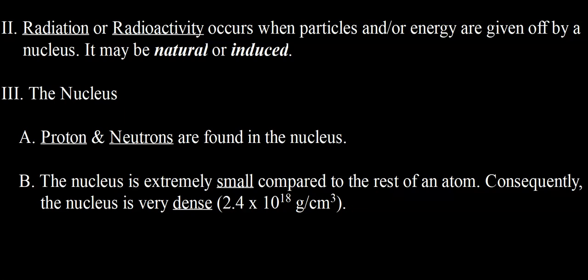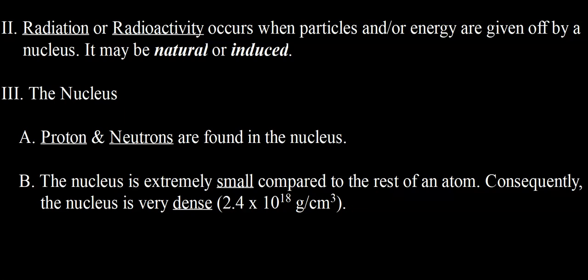Something that is radioactive will naturally give off some particles and/or energy. And so we'll talk about the different types of nuclear reactions, those that are spontaneous versus those that are non-spontaneous.